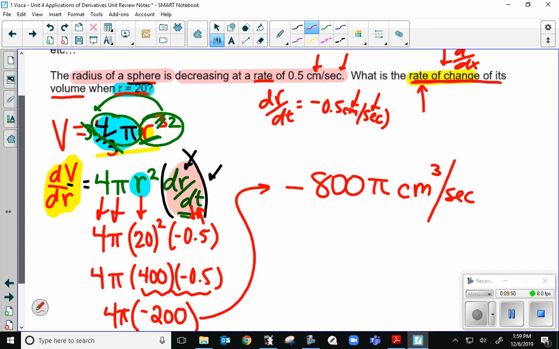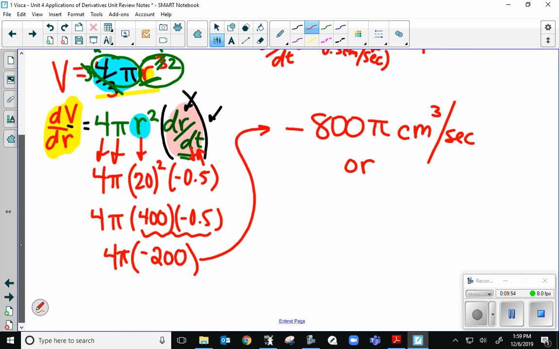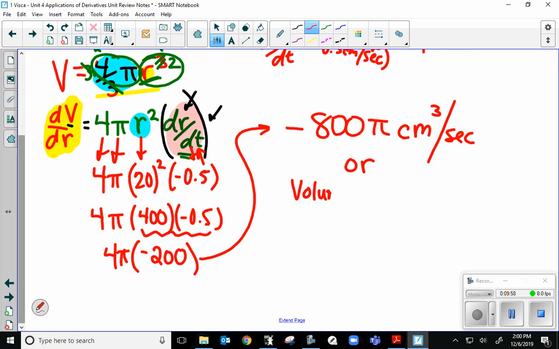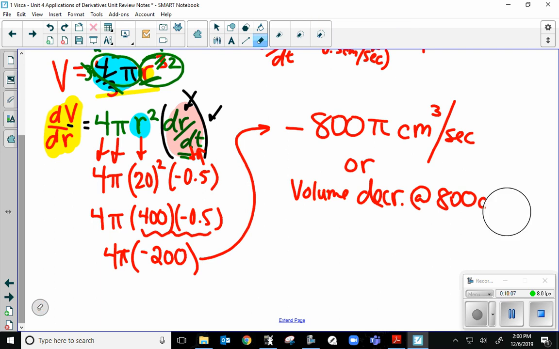I can write it like this, or I can write it as I would answer a person who asked me this question. I can say volume is decreasing at 800 pi centimeters cubed per second.